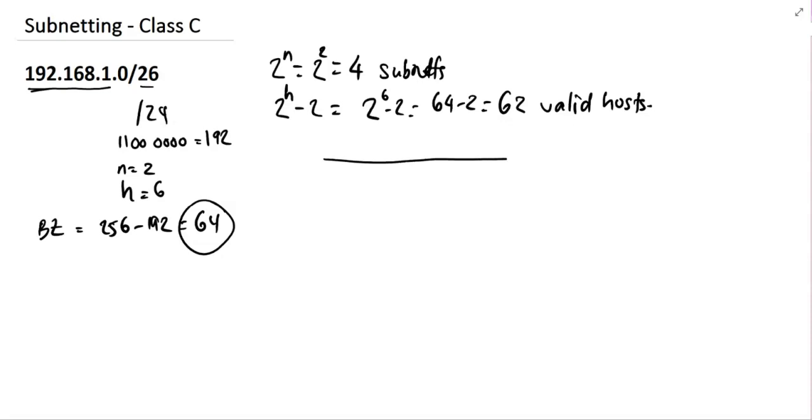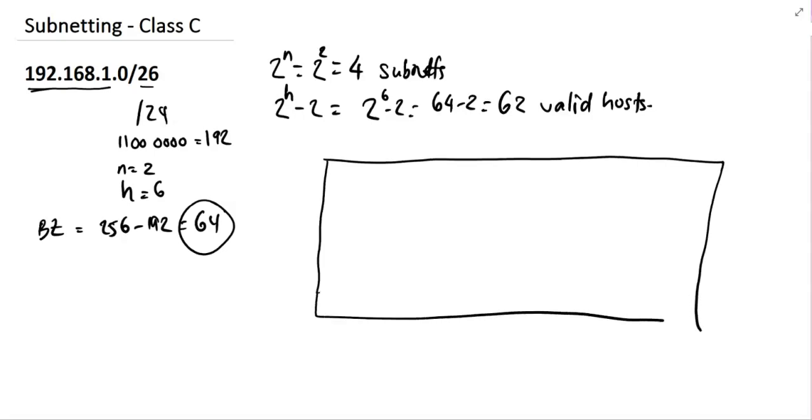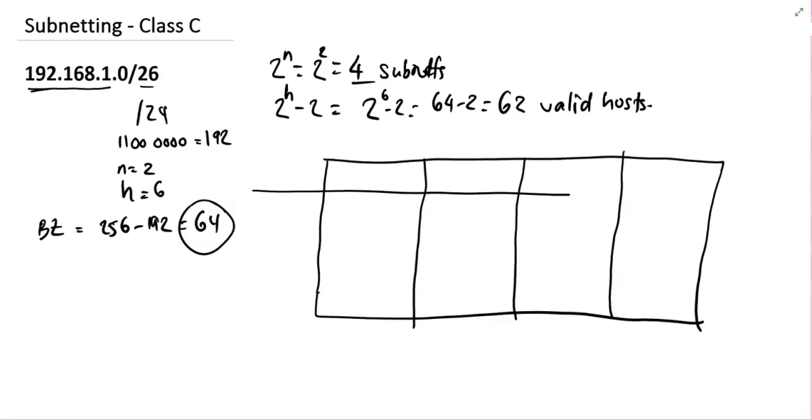Then if you draw a diagram, a table, and divide it into 4, 2 here and 2 there, we have 4 networks. Then the first address is the network address and the last one is our broadcast address.